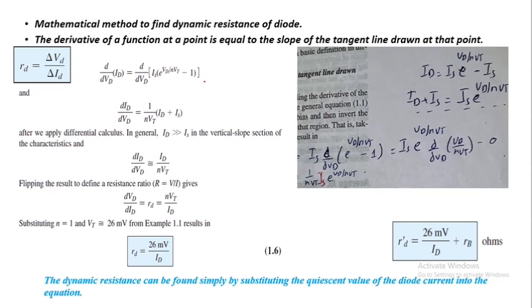Now we can also find dynamic resistance or AC resistance through a mathematical method, like change in VD over change in ID, which was giving us the value of this AC or dynamic resistance.